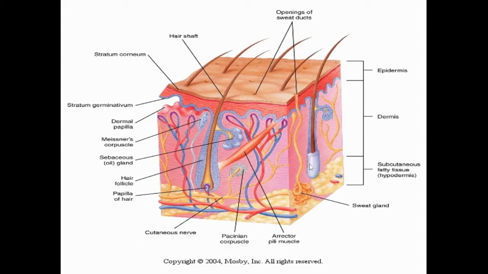All right, so if we keep working around, let's stay on this one because we have a couple sense organs here we could look at. The first one is going to be the Meissner's corpuscle. Corpuscle means it's encapsulated, so it's going to have a capsule around it, versus free nerve endings.